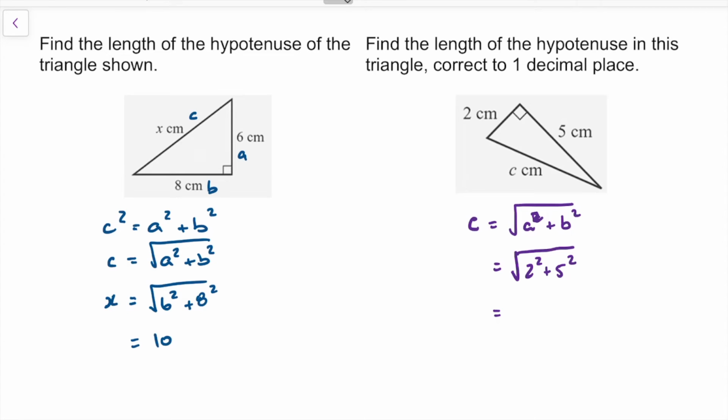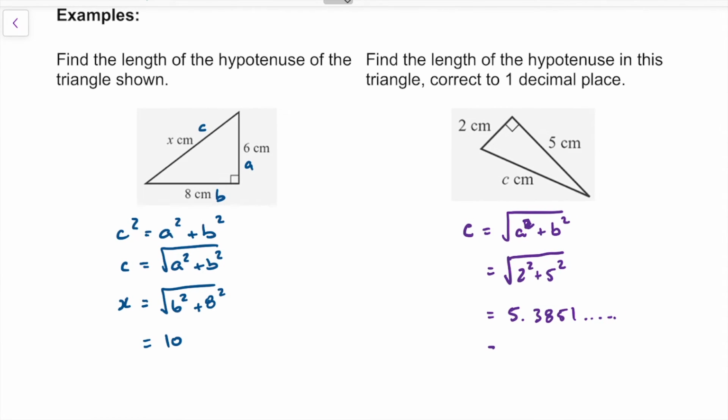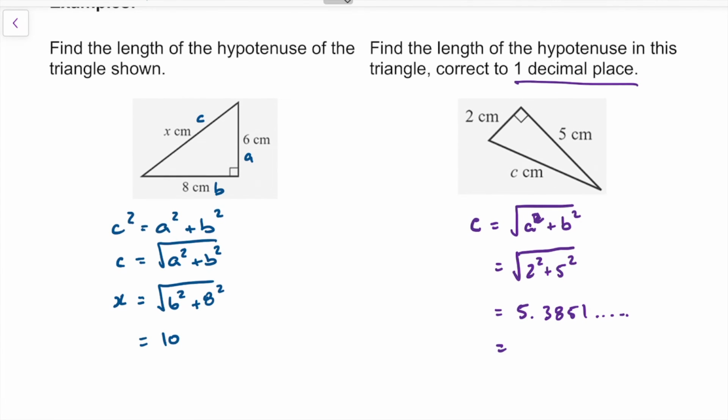And that will give me somewhere in the vicinity of 5.3851 dot dot dot, and it keeps going. I want to round that to 1 decimal place, and so I cut it off. I look at the next number along.